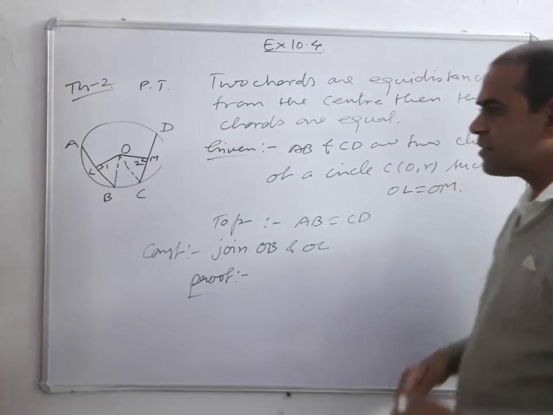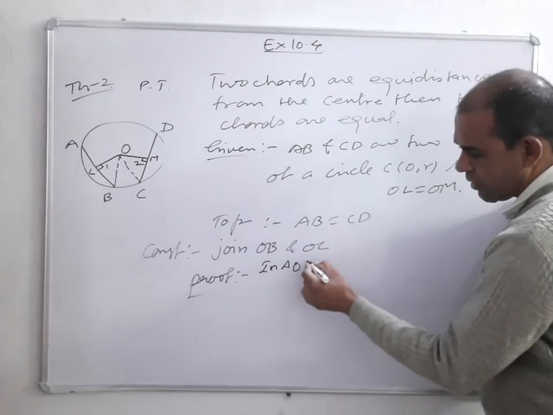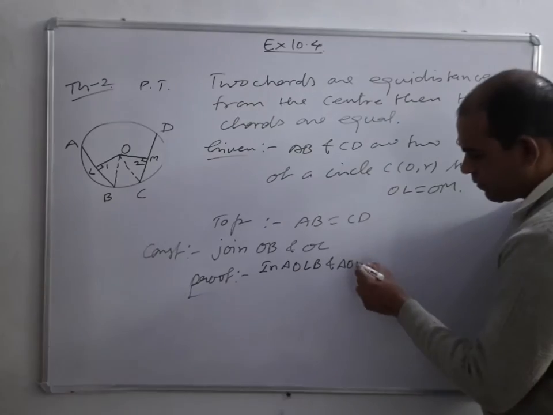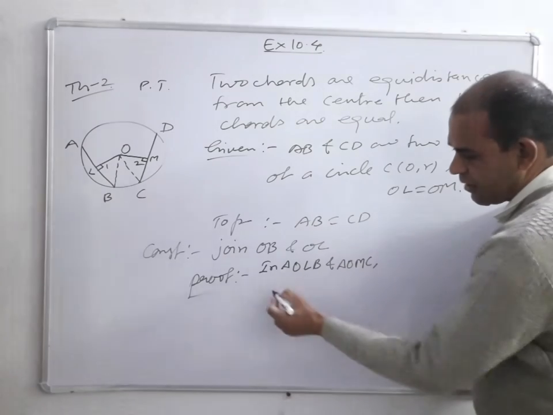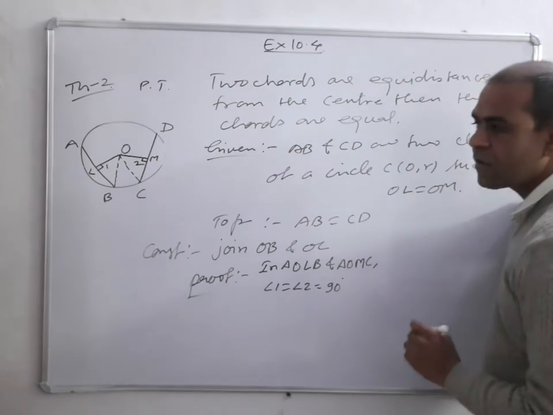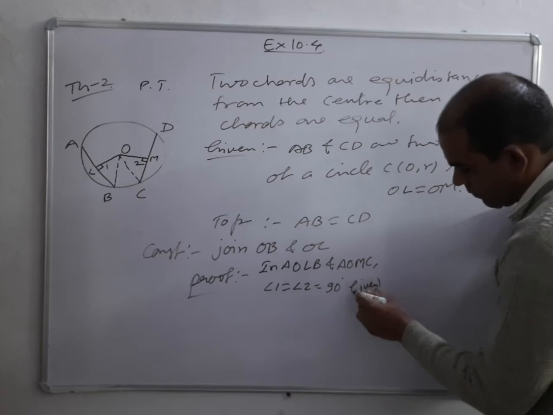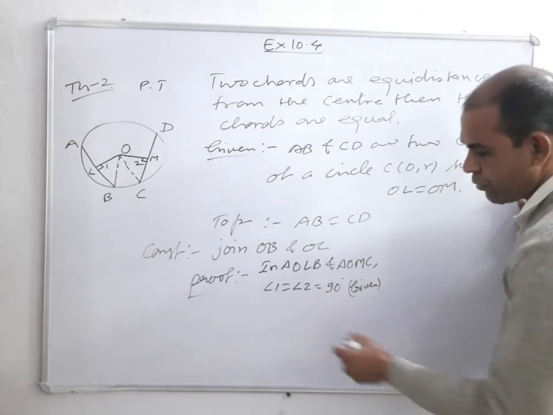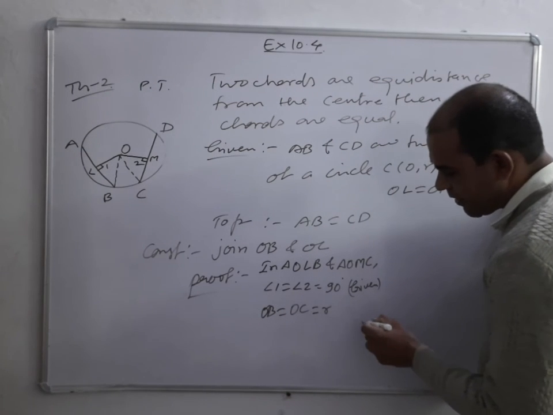It's also RHS. So in triangle OLB and triangle OMC, first angle 1 equal to angle 2, both are 90 degrees. It's given. Next, OB equal to OC, radii of the same circle.